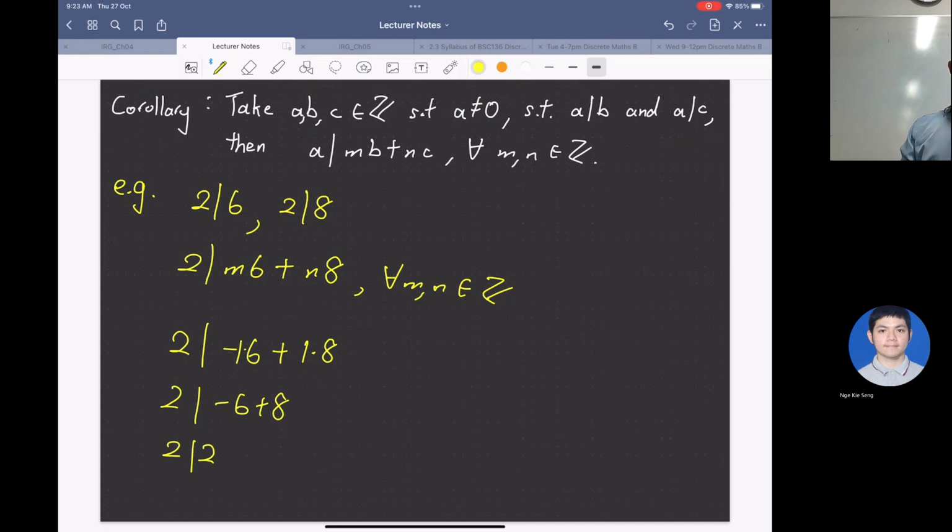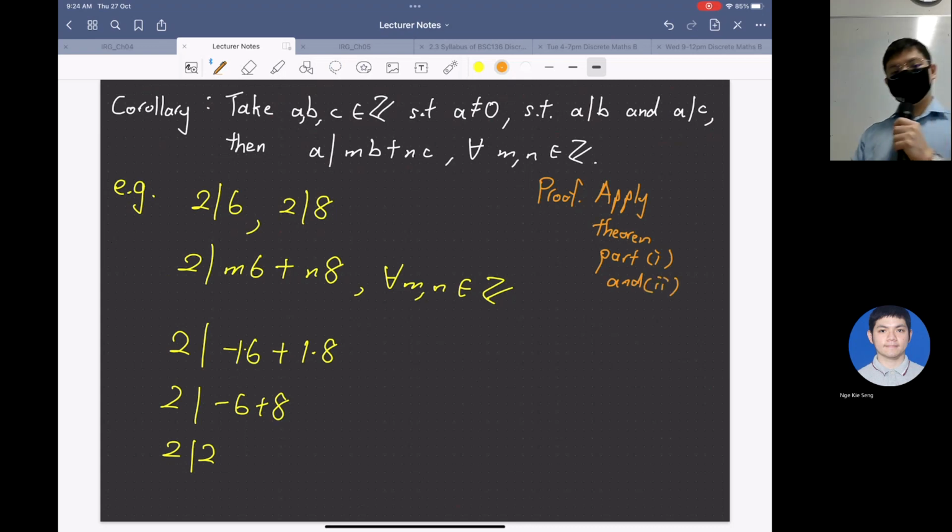So whenever we talk about this theorem, you should have some example in your mind to convince yourself first. The proof of this theorem is to apply theorem parts 1 and 2. If we got time, we can come back to this proof, or I leave it for your questions.